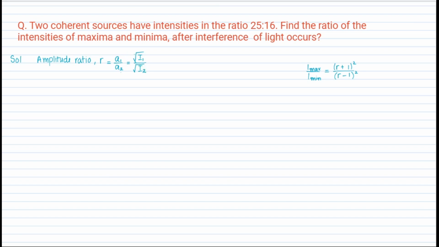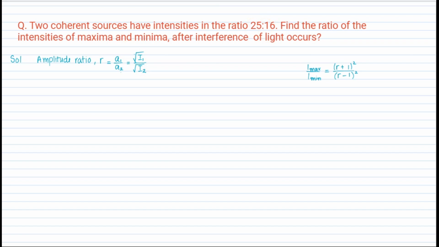Now, why have I done this? Because in the question, they have given you the ratio of the intensity coming from your slit S1, which is I1, and your slit S2, which is I2. So from here, I can find my R.